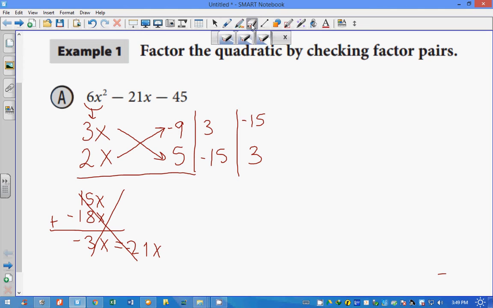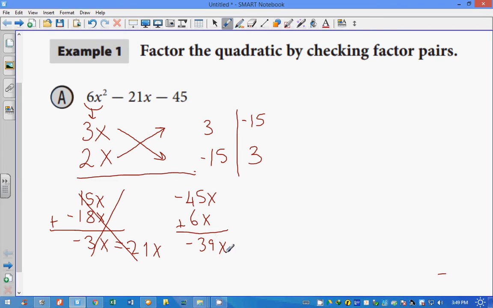So when we move to the next one, which is going to be negative 3 and positive 3 and negative 15, let's multiply 3 times negative 15, which is negative 45x, 2 times 3, which is 6x. Total is going to be negative 39x, which is not equal to negative 21x. That's why this is also wrong.